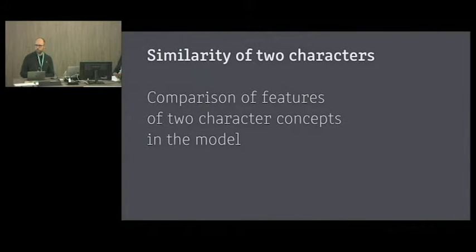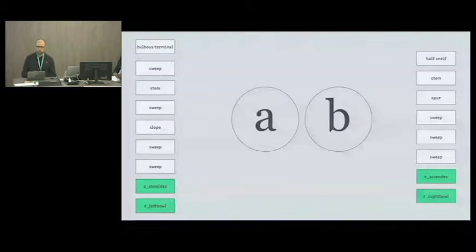So then, how do you calculate the similarity of any two character shapes in this? It's by comparison of the features. On the left side, there is the letter A, which is represented by a set of parts which includes bulbous terminal, sweep, stem, another sweep, slope.